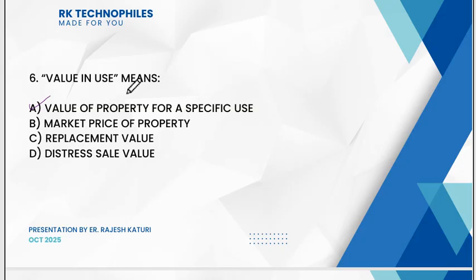Value in use means for a specific buyer and a specific user. Okay, so market price of the property is not the correct answer. Replacement is actually cost to rebuild. Distressed sale value is undervalue or forced value. It actually occurs during the auction procedure of the banks. So it is not the value in use.